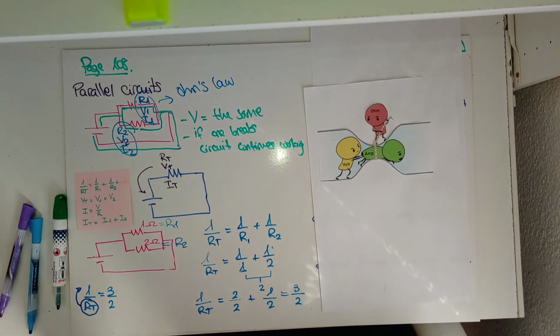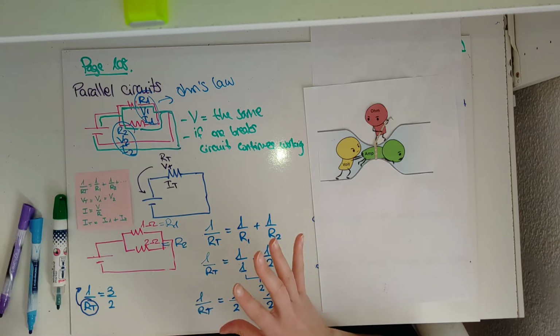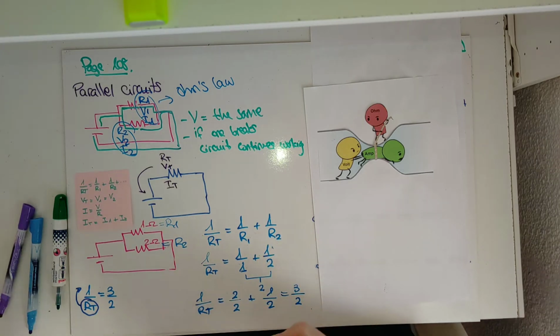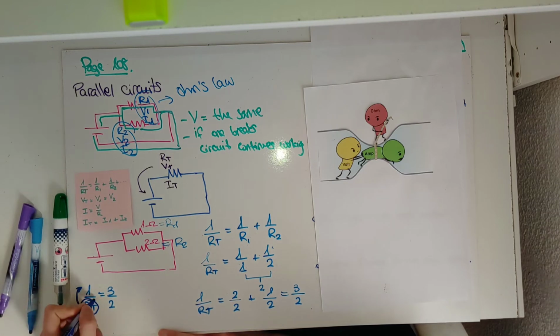How? I have more than one way, okay? But the simplest one is to exchange the values. I mean, this goes up and this goes down, this goes up and this goes down, okay? So I exchange.